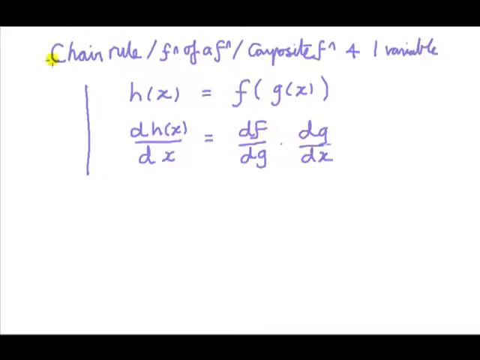Well, the dg here cancels out that one, and then you get df over dx, which is the same as dh over dx.